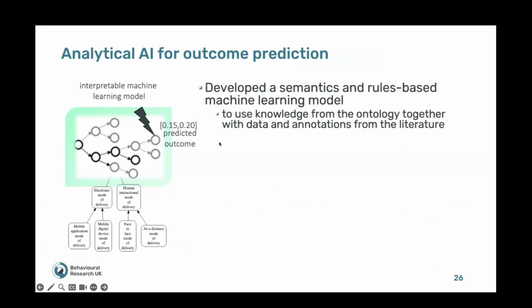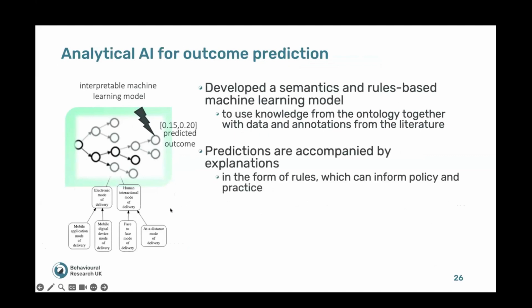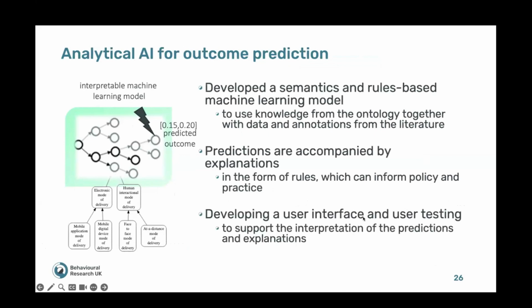Okay, so this is the system that we eventually built for the Human Behavior Change project. It's interpretable. It's based on rules with weights, as I explained. It uses knowledge from the ontology together with learning from data with this extracted data set. And in the end, when you use this trained model, you can get your predictions with a transparent explanation.